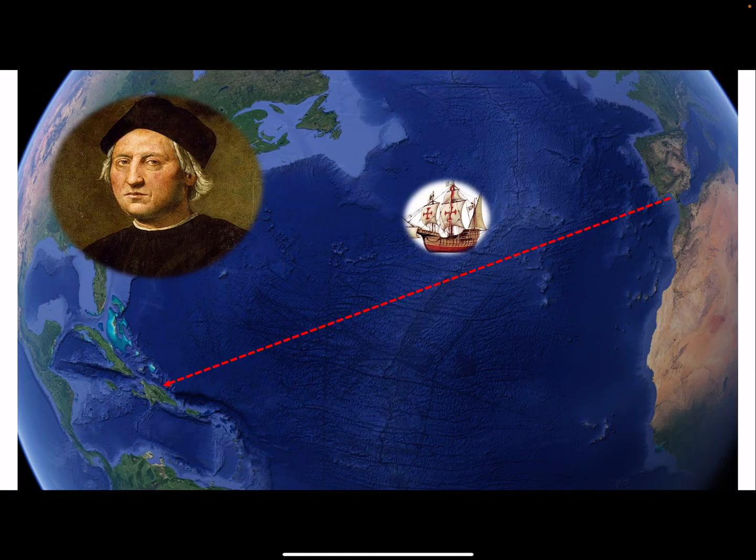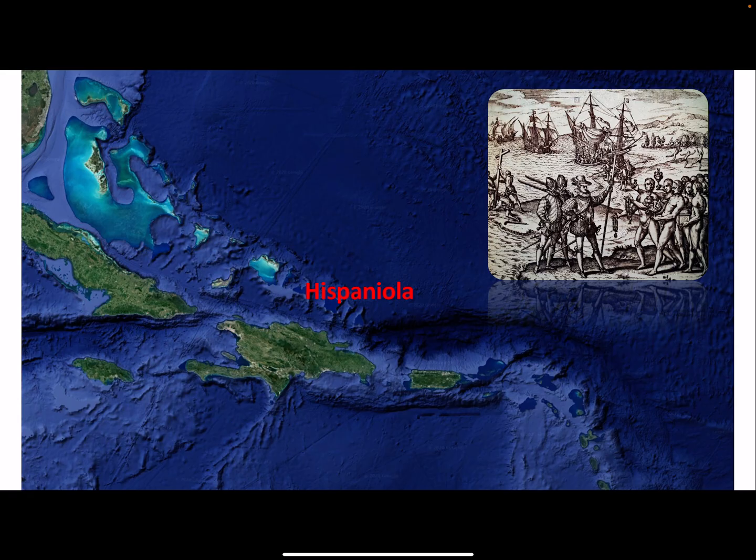During his second travel to America, Columbus left from Spain in 1493, and he went to Hispaniola, where he met some Native Americans, members of the Arawak tribe. We know that Columbus sacked Hispaniola, the Dominican Republic today.